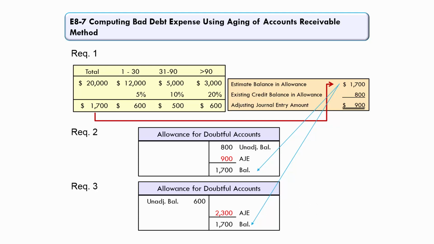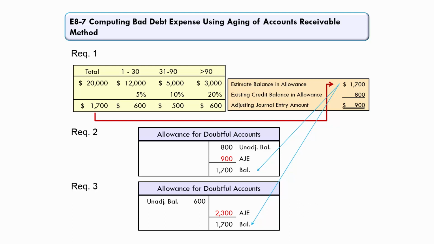Now, the last requirement of this problem says, what if instead of having an existing credit balance of $800, we had a debit balance of $600? If you had a debit balance of $600 and you need to end up with $1,700 as a credit balance, you have to remove the debit.